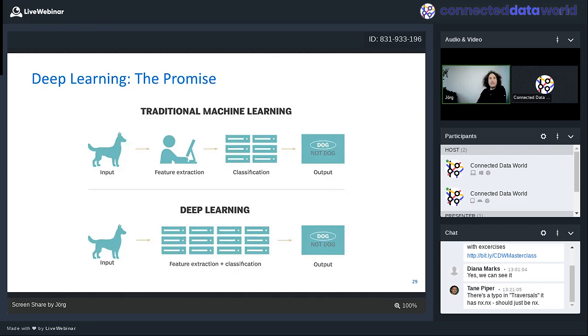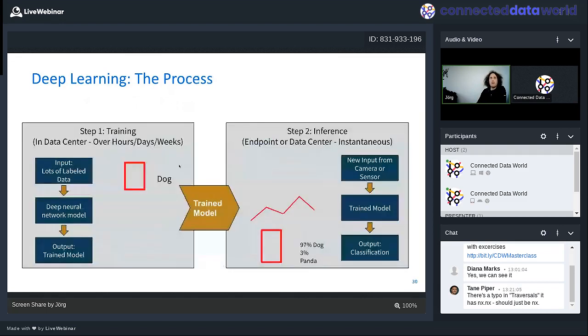The hope is that deep learning will actually learn which features to use explicitly, which to some degree is true. But on the other hand, keep in mind, the more you do upfront to clean your data, to generate features, the higher quality your data is, the better the outcomes of deep learning will be as well. So I often feel this is a bit of an overrated promise. So just be aware of that.